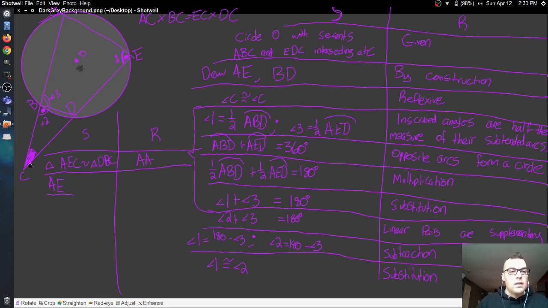That would be DC. That is going to equal, I'm going to take this triangle, the side that goes between the two angles I labeled, EC, over, and now this one that goes between the two is BC. Similar triangles have proportionate sides.